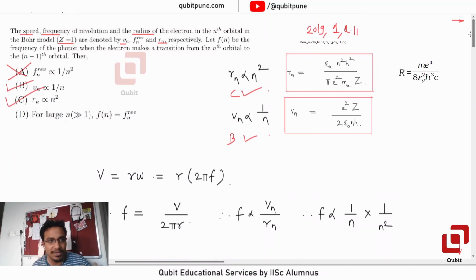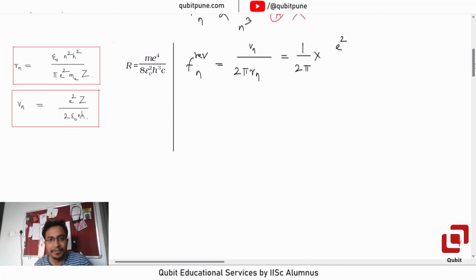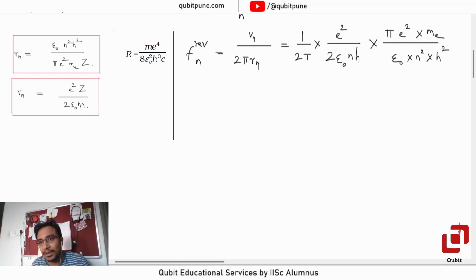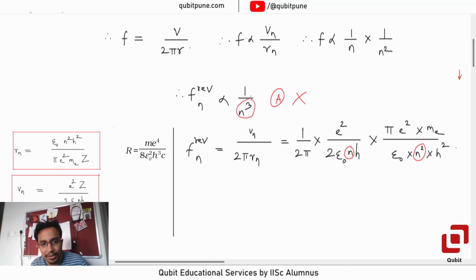I'm not writing z because they have given us that z is 1. Into, now we need to write the reciprocal of Rn, so pi e squared into me upon epsilon naught into n squared into h squared. And as expected, n and n squared will give us n cubed. Okay, fine.